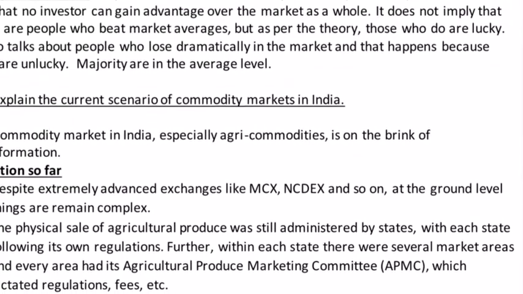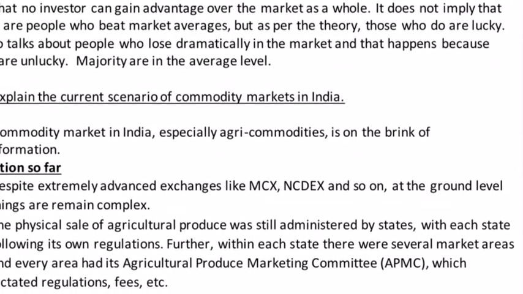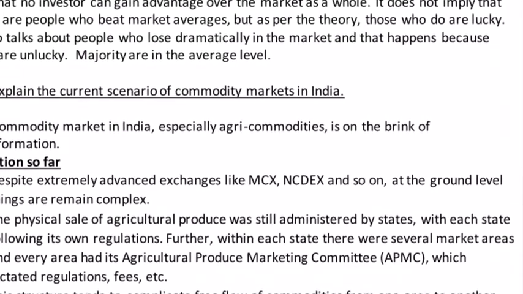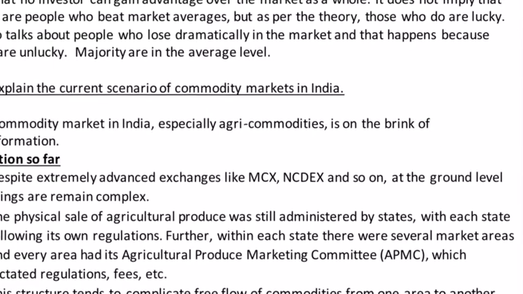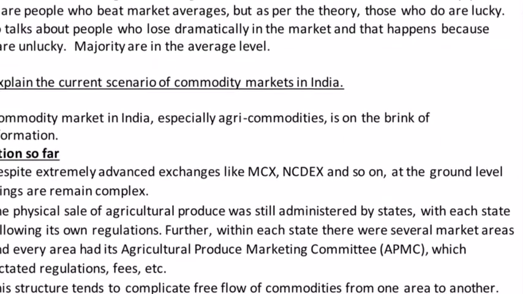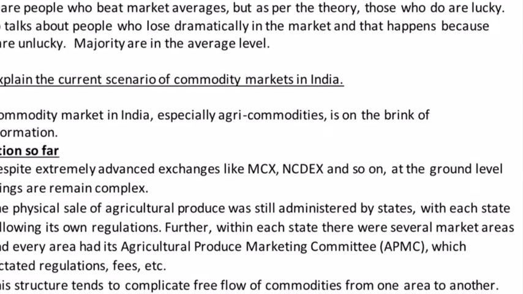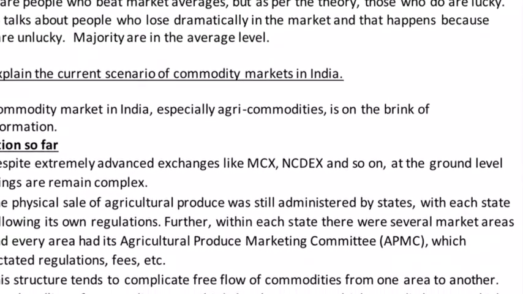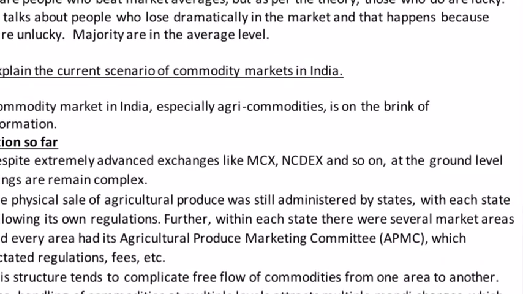Further, this particular hypothesis, that is the efficient market hypothesis, spoke about three different forms of EMH: the weak form, the semi-strong form, and the strong form. In the weak form, it suggests that all past information about the commodity or the security is priced in.